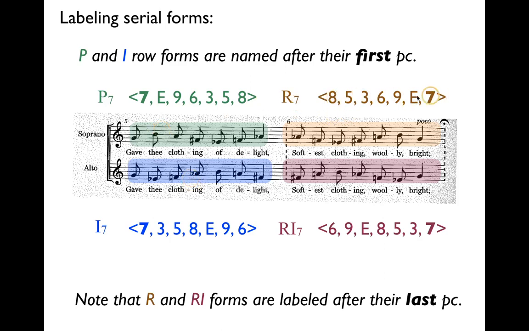Note again that this is not normal order. This is a series. The inversion is named after its first pitch class. The retrograde inversion is named after its last pitch class, for the same reasons as above. It is named after the first pitch class of what it is reversing.